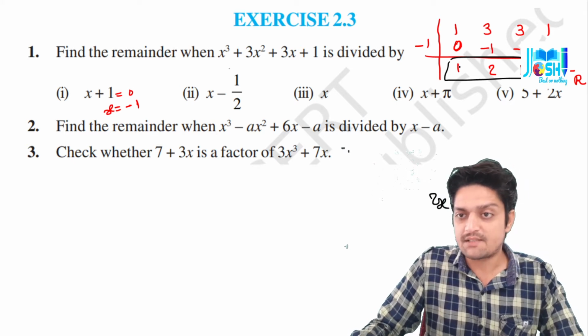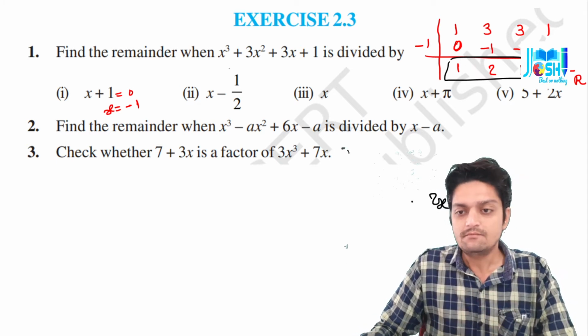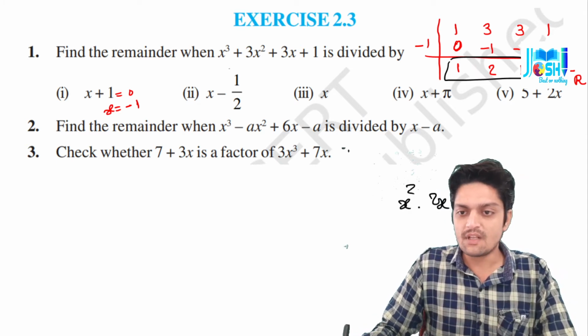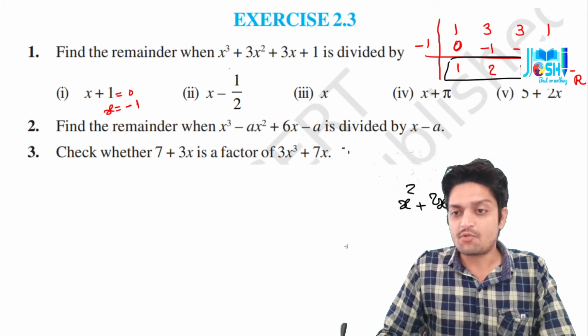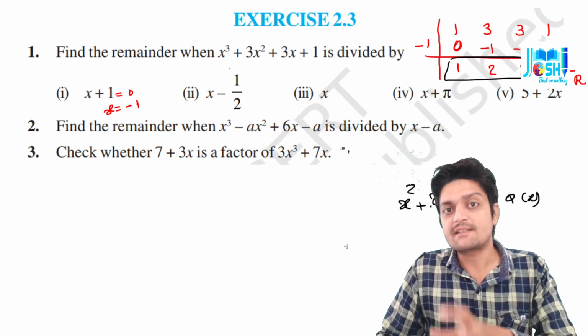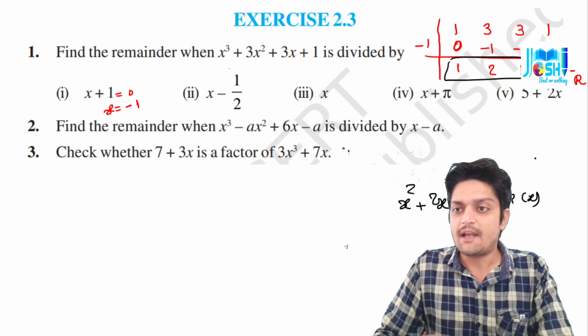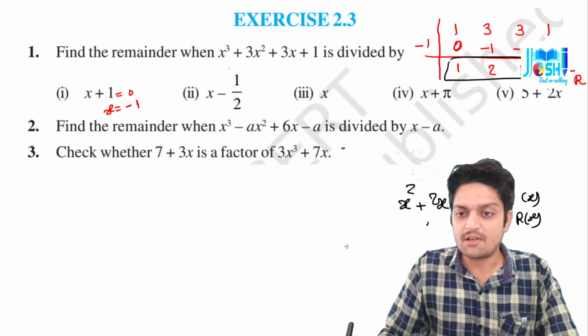Okay, 2x plus 1, and this first one indicates x square, that is 1 only, 1 is not required to write. So this is your quotient, it's called q of x. So our quotient is x square plus 2x plus 1. And your remainder, which you also have to write, is called r of x, so your remainder is 0 here.